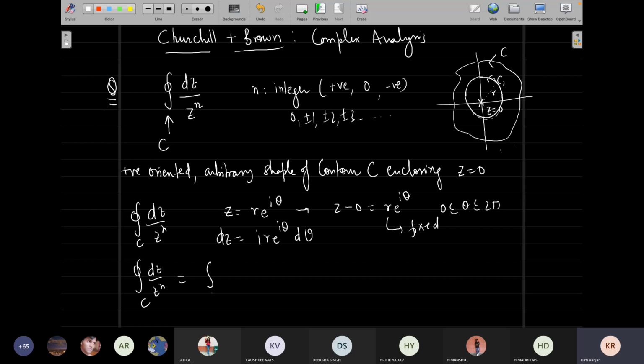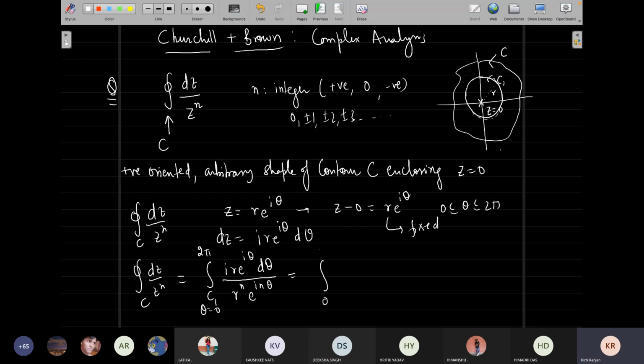which means θ going from 0 to 2π, dz is i r e^{iθ} dθ, and z raised to the power n is r^n e^{inθ}. So what will this become?